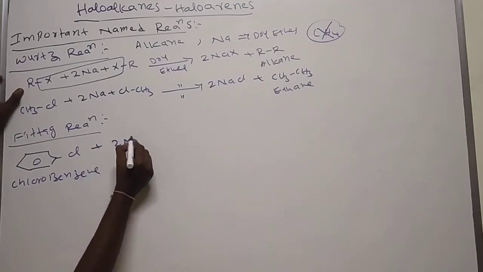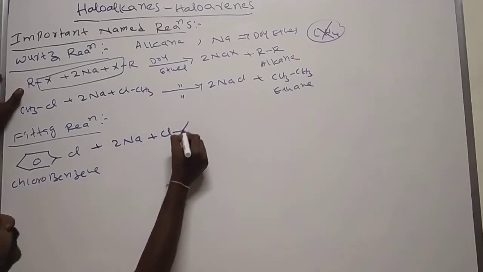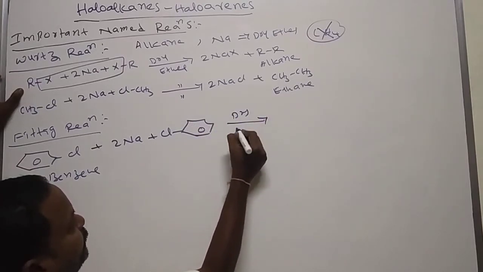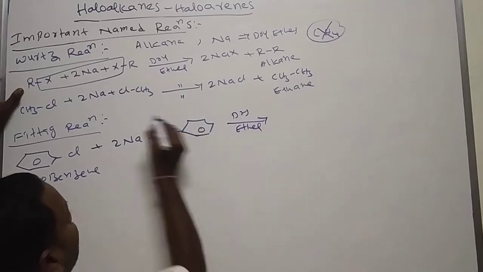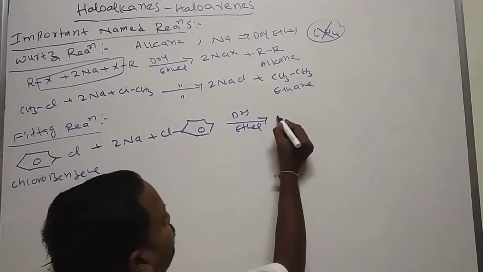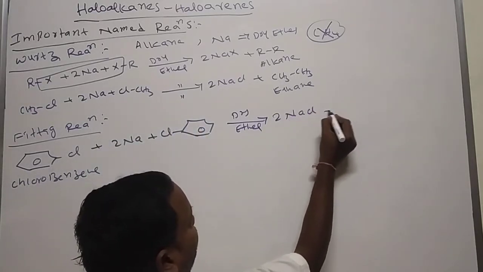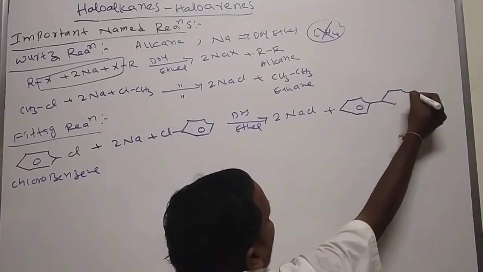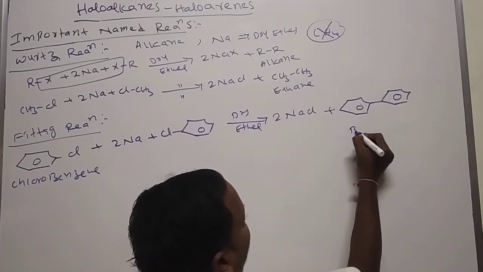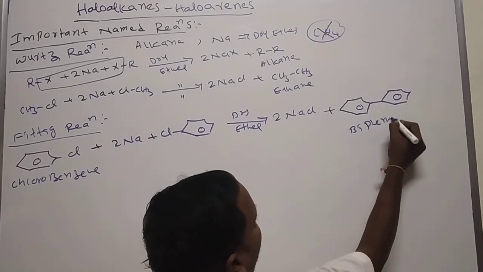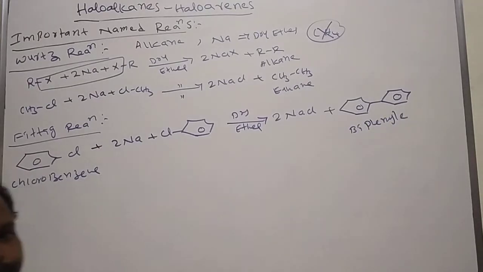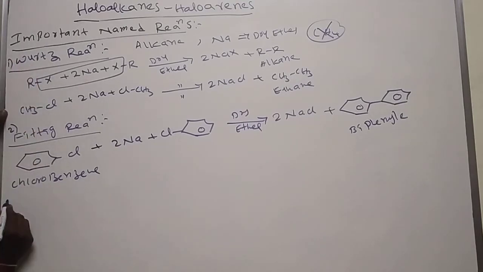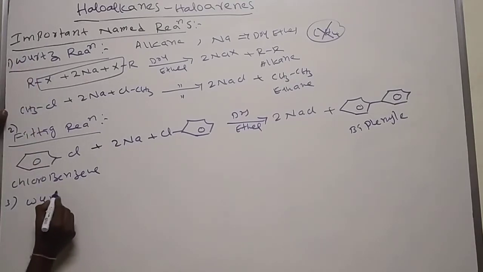Chlorobenzene reacts with 2 moles of sodium in the presence of dry ether. It loses 2 moles of sodium chloride and forms biphenyl. This is called the Fittig reaction.